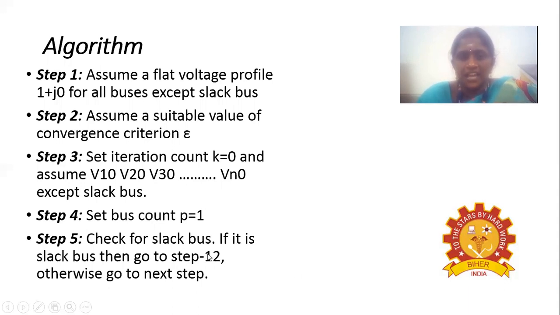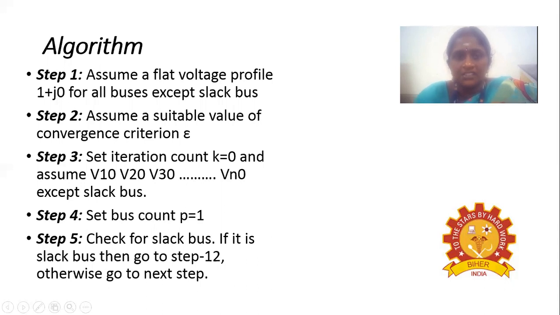So initially set bus count P equal to 1 and check for slack bus. First consider the first bus and check what type of bus it is, whether it is a slack bus, load bus or generator bus. If the first bus is a slack bus, then go to the 12th step.